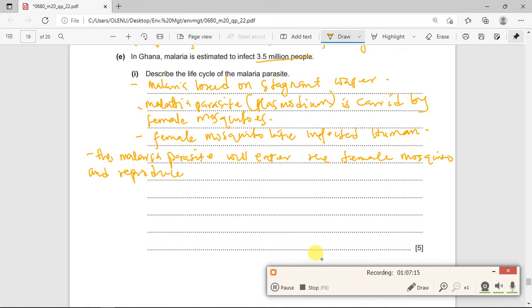Then next, the infected female mosquito bites an uninfected human. The malaria parasite will now reproduce in the human liver.